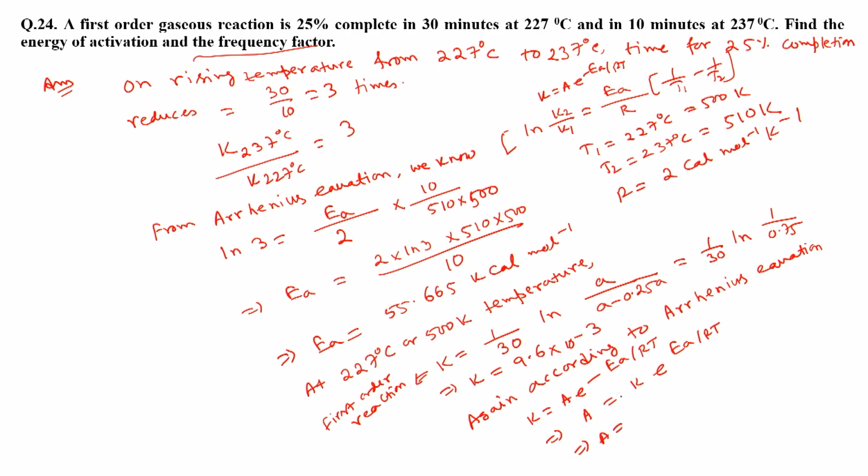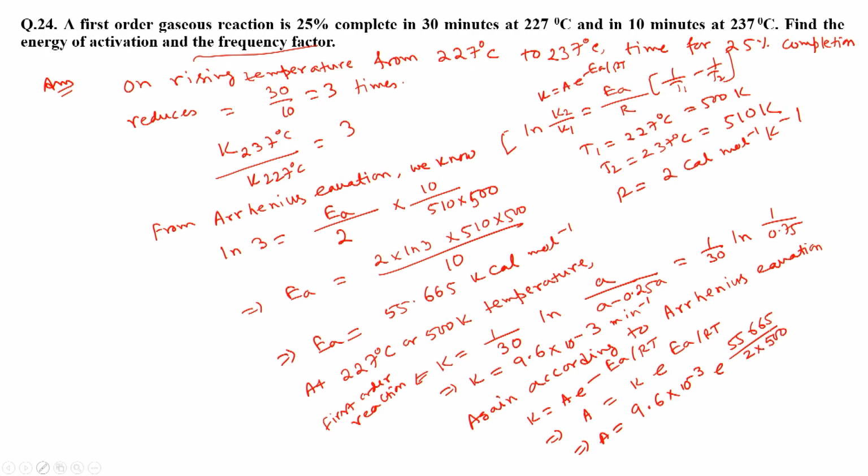So, A is the value of K we have got, 9.6 times 10 to the minus 3, in minute inverse, times e to the EA, where the value of EA is 55,665 in calorie unit, divided by R is 2 and T is 500.